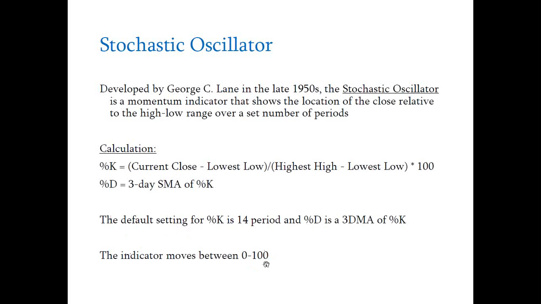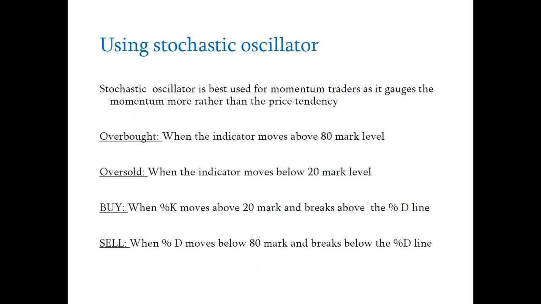This indicator also moves from 0 to 100 points. Let us see how this indicator is being used. If the indicator is above 80, it is overbought. If it is below 20, it is understood as oversold.